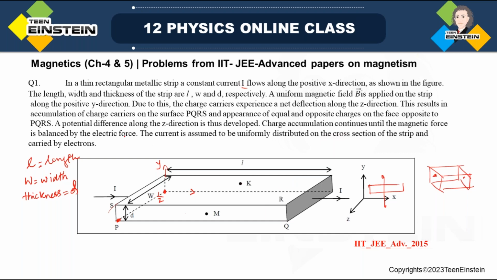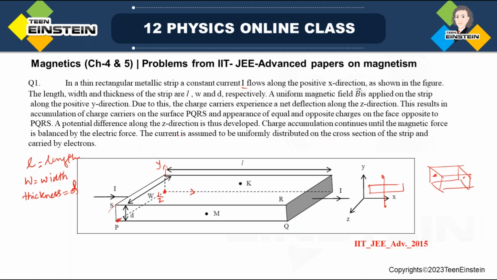So the potential difference along the Z direction is thus developed. The charge accumulation continues until the magnetic force is balanced by the electric force.